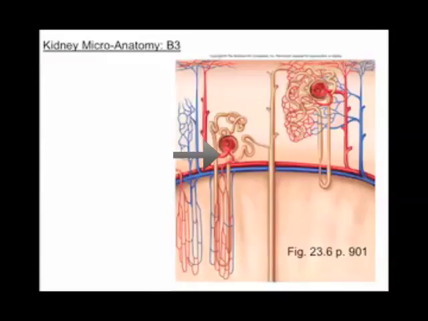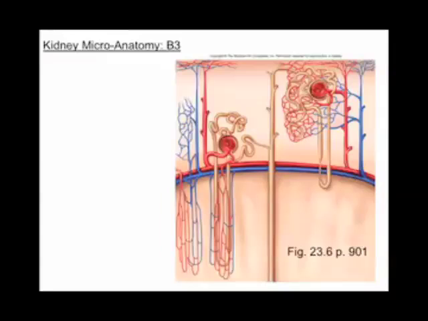So we have what's called the afferent arteriole that brings the blood into the glomerulus. The blood leaves the glomerulus and enters the efferent arteriole. That's the blood supply portion of the glomerulus.